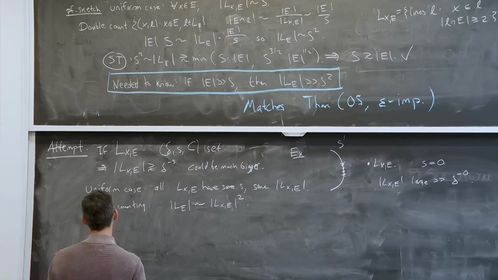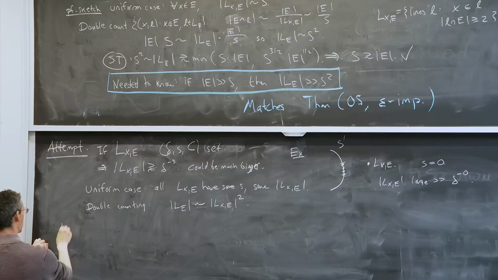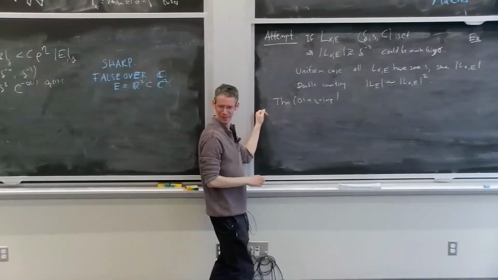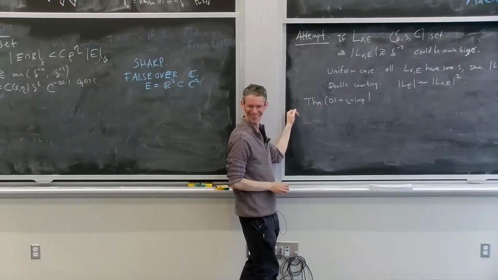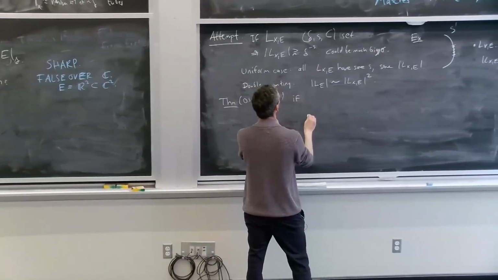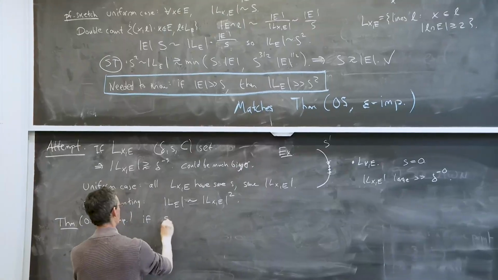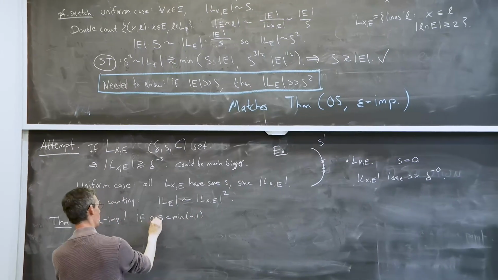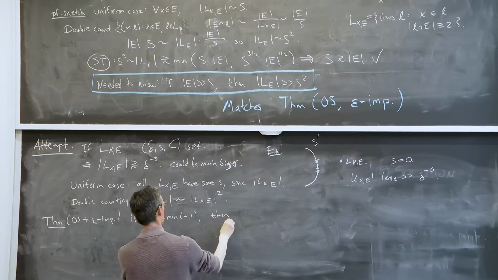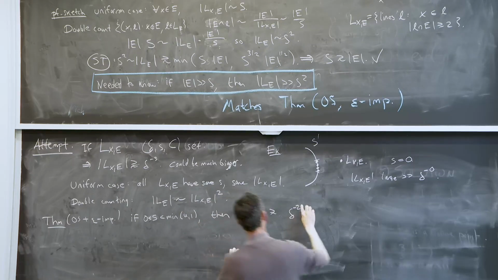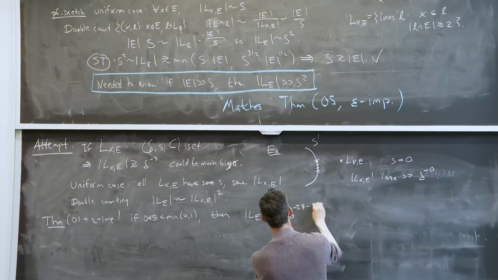So what happens here? Now we can apply the theorem of Orponen-Shmerkin for epsilon improvement, which I just erased in a suboptimal use of blackboards. But what it says in this case is that if s is smaller than the minimum of u and 1, but bigger than 0, then we get L_E is at least delta to the minus 2s minus epsilon.